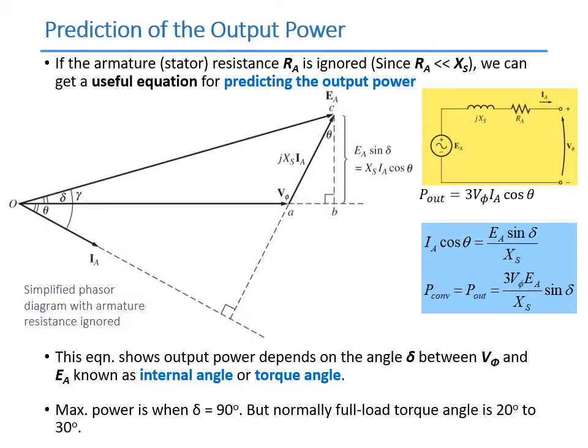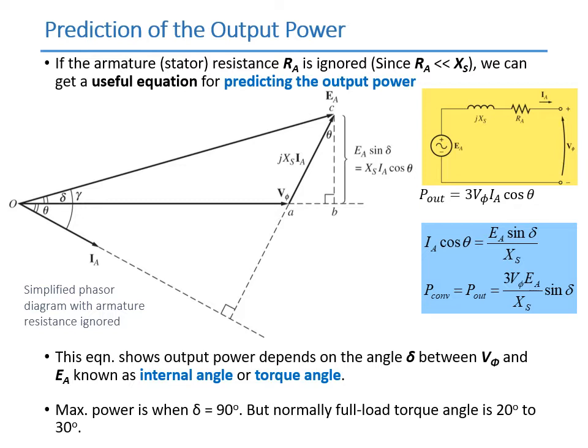Now we'd like to derive an equation that is very useful for predicting the output power, and the equation that we derive on the slides will also be used to predict the torque, which we will look at on the next slide after this.